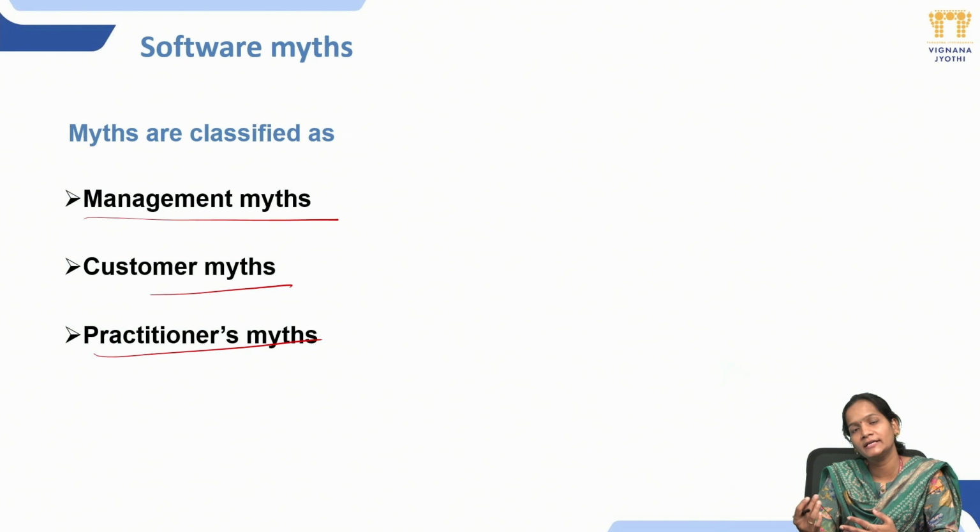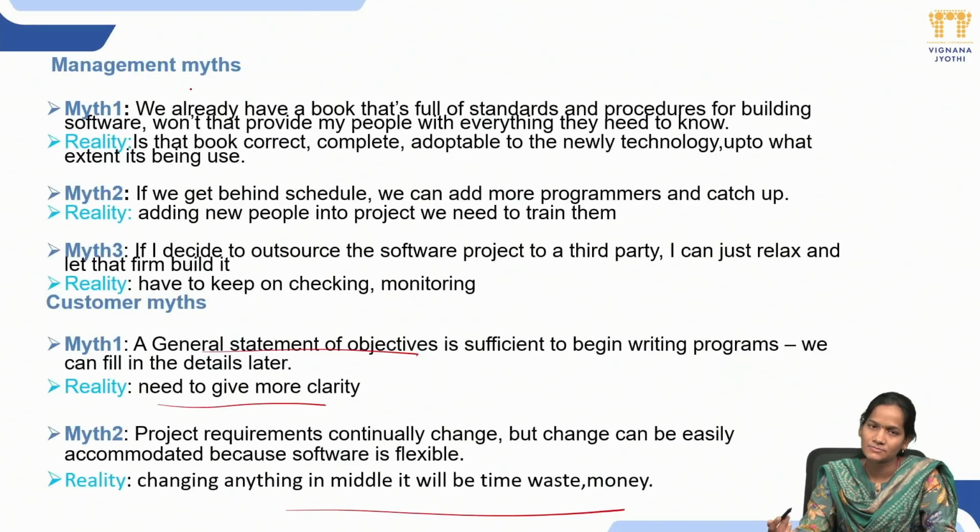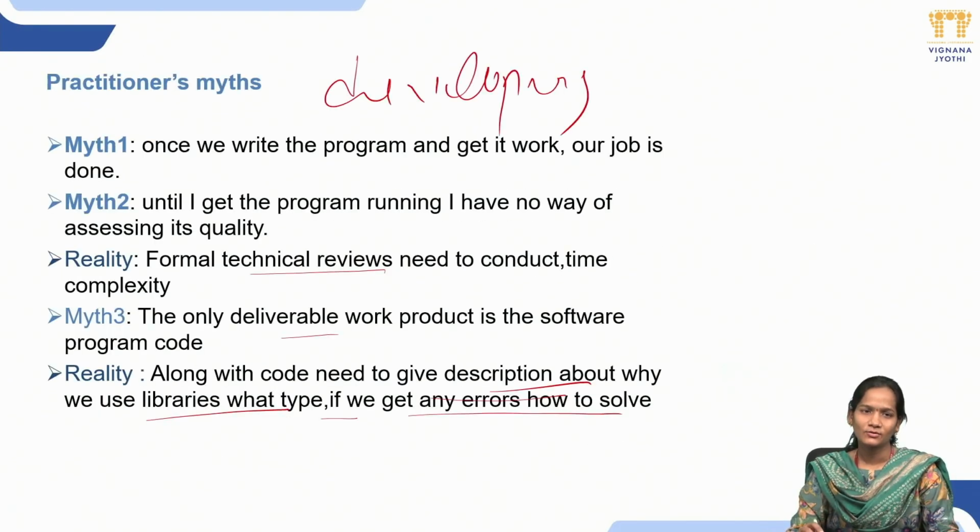And the management needs to provide everything to the developers' team to develop the product. So in every phase they imagine something which is not true, which is not reality. These are the software myths. A myth is nothing but an assumption which is not true.